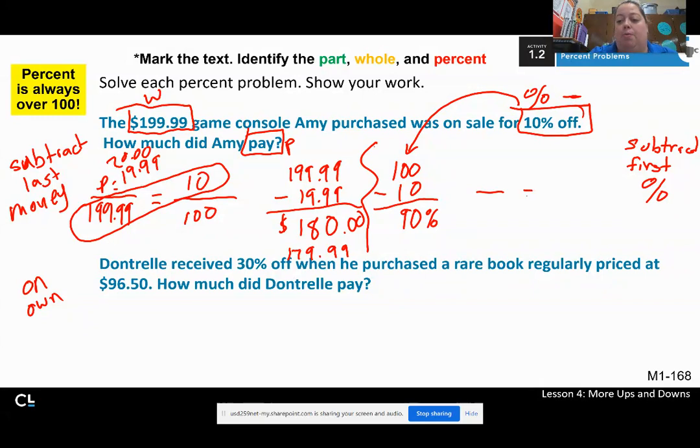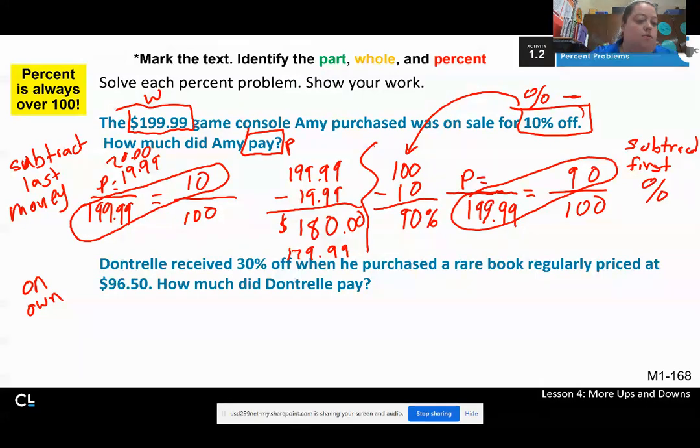So now I'm going to set up my proportion. So my number for my whole is the same. My 100 is the same. Now 90 is my percent, so 90 is going to go here. And this is my part. So now when I circle and calculate, I get 179.99.